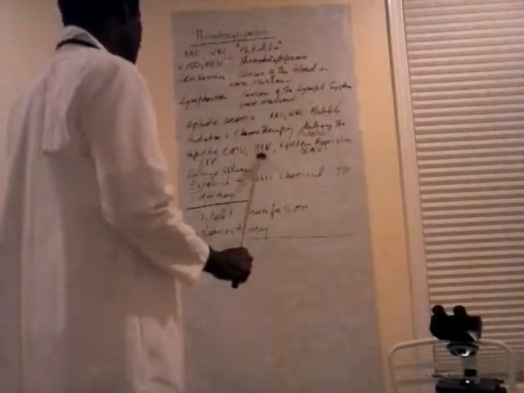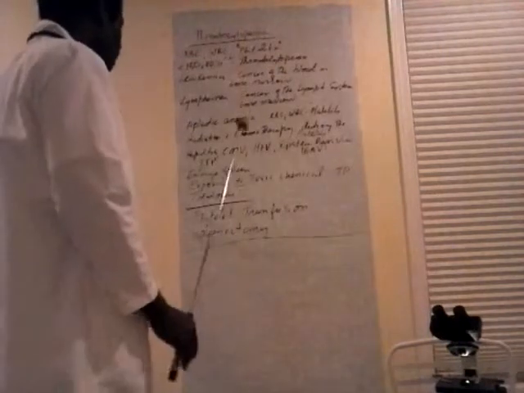But we're focusing on the platelets in thrombocytopenia. So radiation and chemotherapy destroy the platelets, causing a reduction in the platelet count. Viruses such as cytomegalovirus, HIV, hepatitis, and the Epstein-Barr virus can lead to thrombocytopenia.